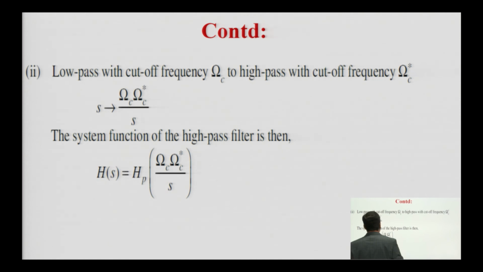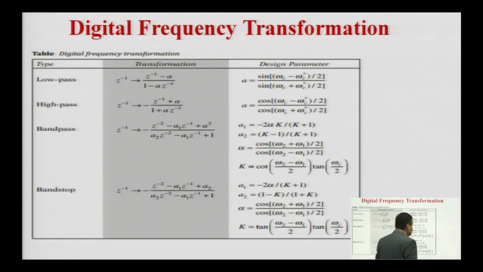Similarly, in the second condition, you can design in this way also for high pass filter. So, in this way you can easily design your filters in the analog domain from one category to another category, because generally you know the specification of low pass filters.